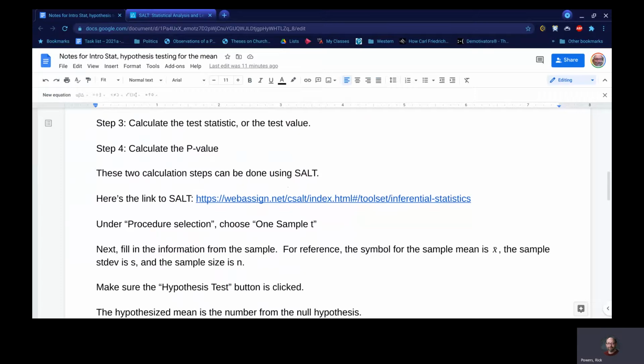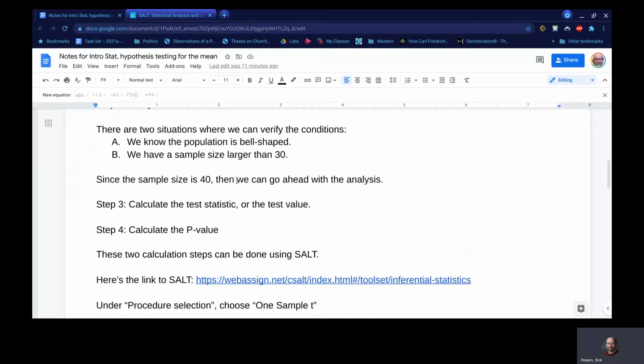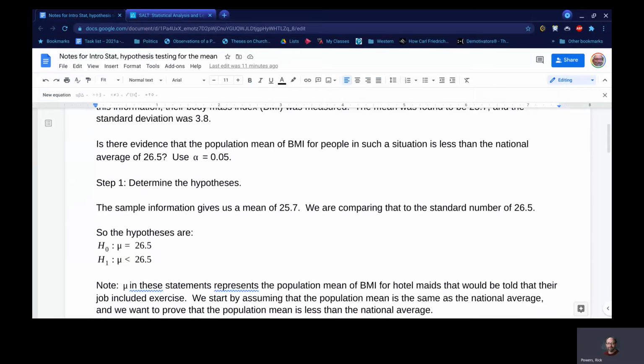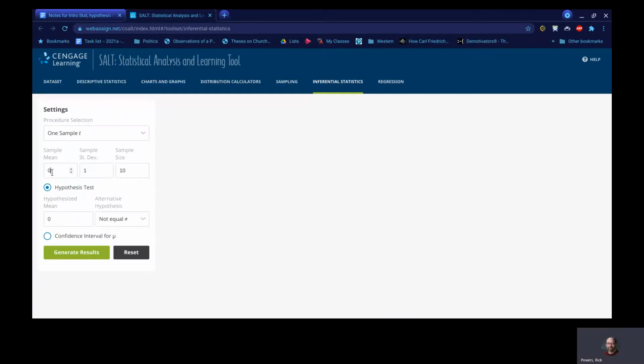For reference, the symbol for the sample mean is X bar, the sample standard deviation is S, and the sample size is N. So going back here to the sample information, the mean is 25.7, standard deviation is 3.8, sample size is 40.